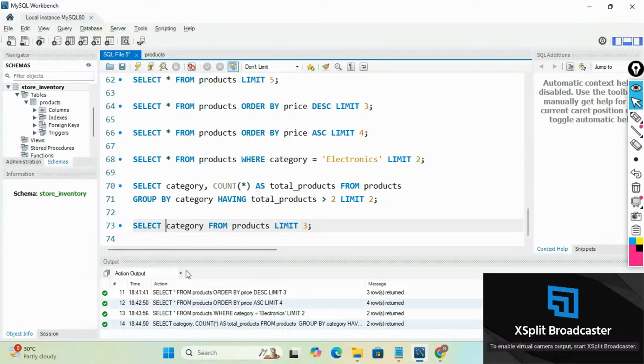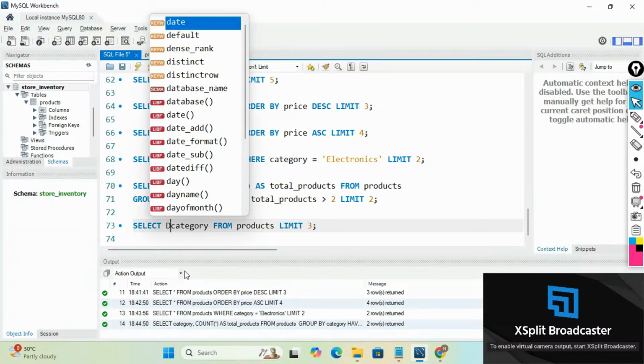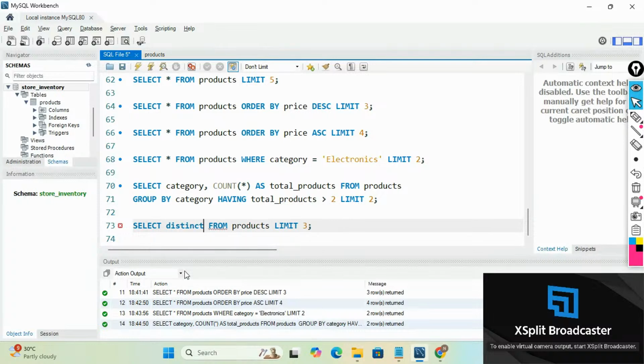Duplicates might be returned, but distinct will ensure that duplicates will not be returned.